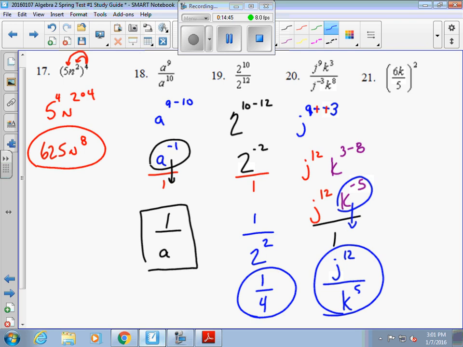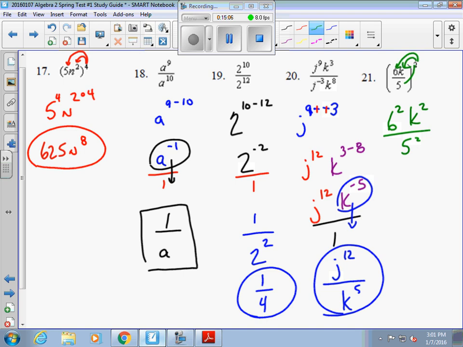6k over 5, all squared. Everything here needs to be squared. 6 needs to be squared, k needs to be squared, and 5, can't forget about that one, needs to be squared.